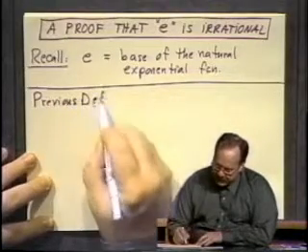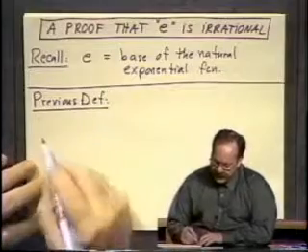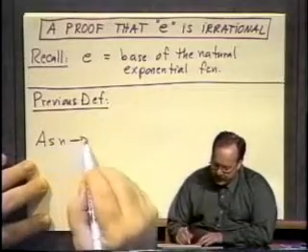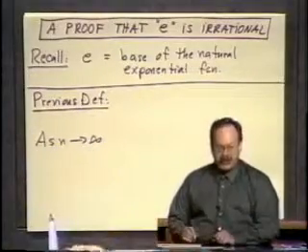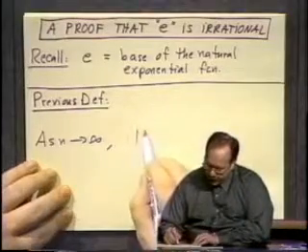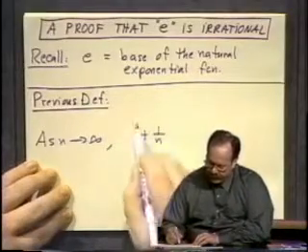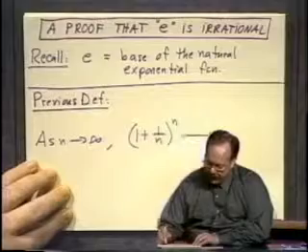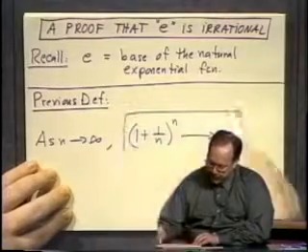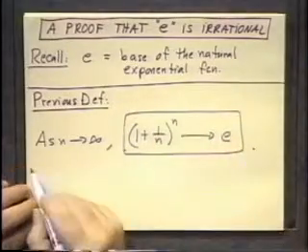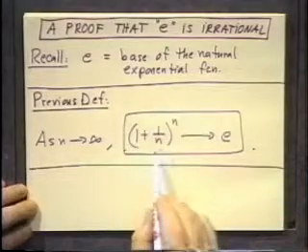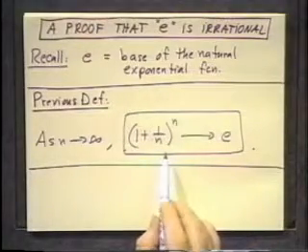We said that as n goes to infinity, as n grows without bound, the object 1 plus 1 over n to the nth power goes to e. That's how we defined it, as the end result of this as n goes to infinity.